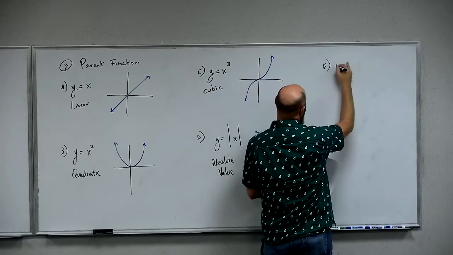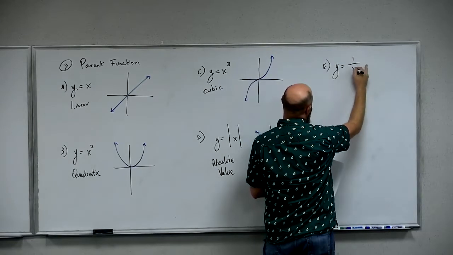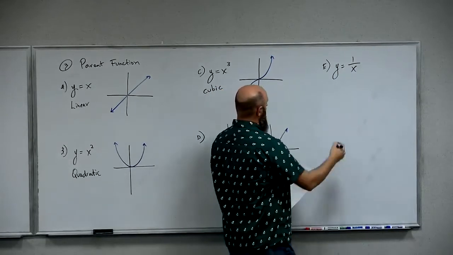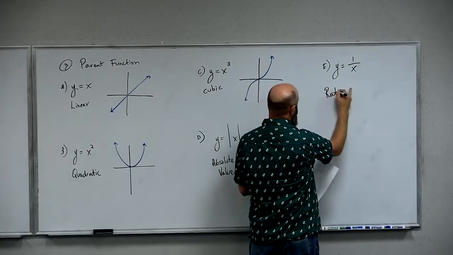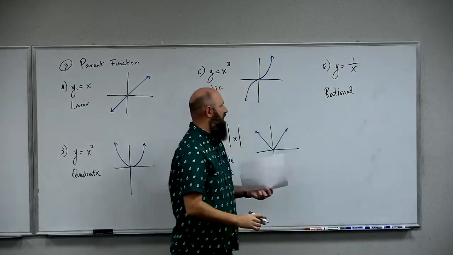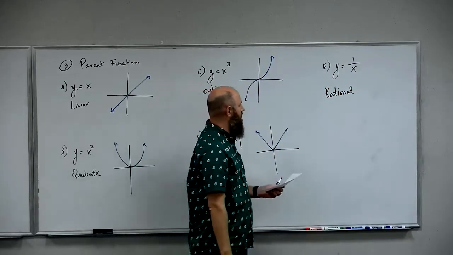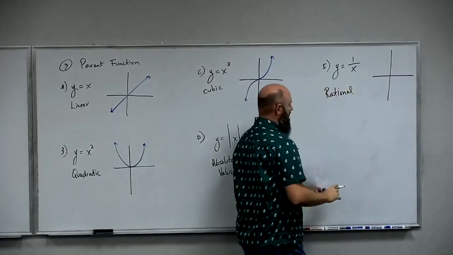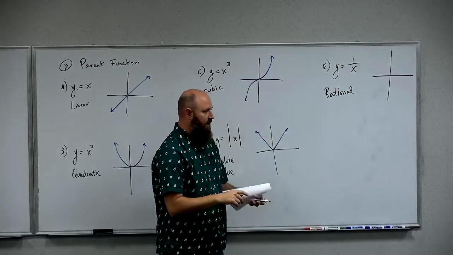And then E, y equals 1 over x. This is called rational. The term rational means fraction, and so that's why it's called a rational. This one's going to be probably the weirdest one of all of them.